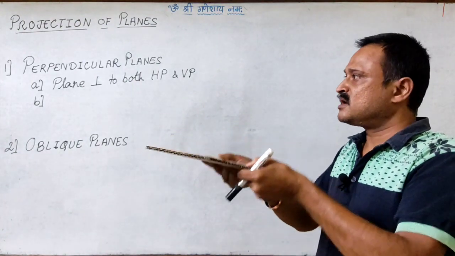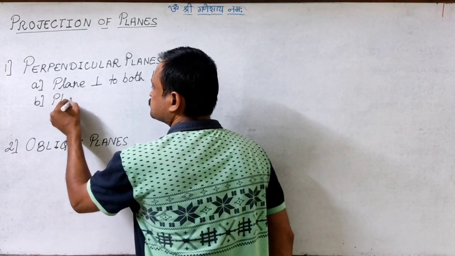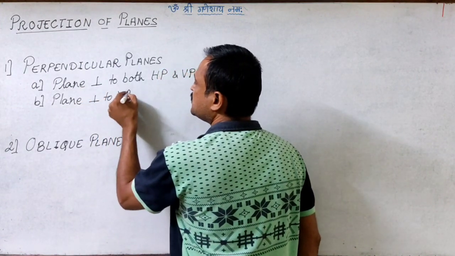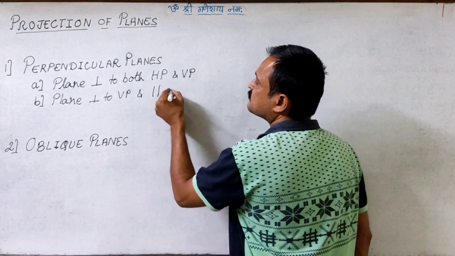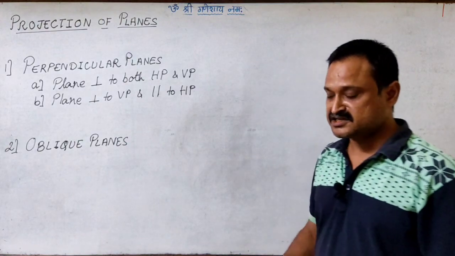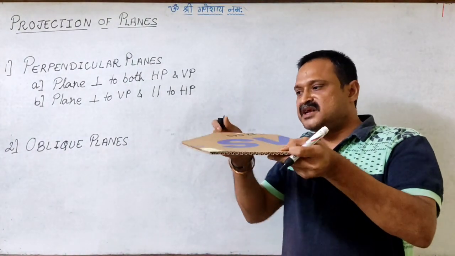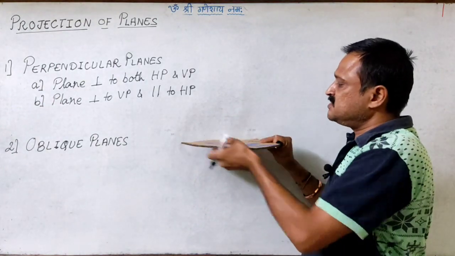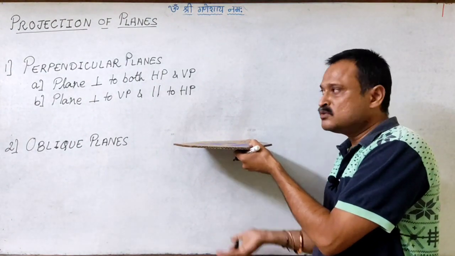So I can have a plane perpendicular to VP and parallel to HP. This is the second condition. It is remaining perpendicular to VP, but it is parallel to HP.